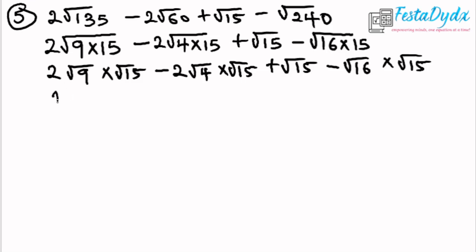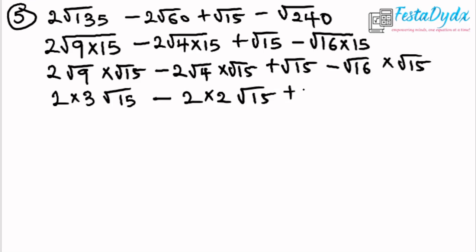So the square root of 9 gives us 3. So 2 times 3 root 15 minus 2. The square root of 4 gives us 2. Then we'll have our root 15 plus root 15 minus the square root of 16 gives us 4 times our root 15.